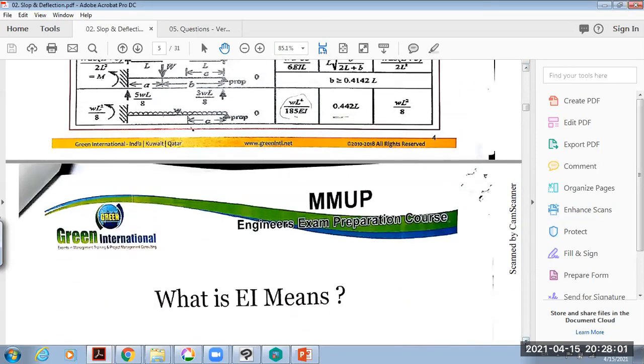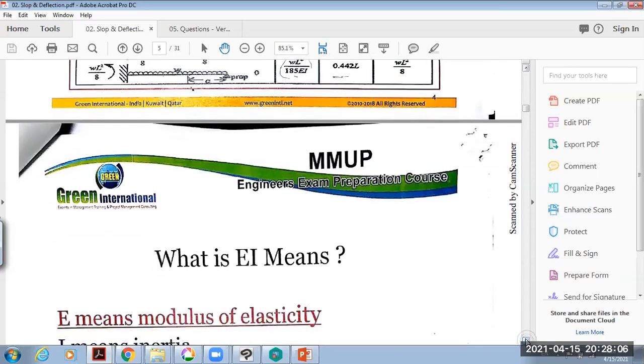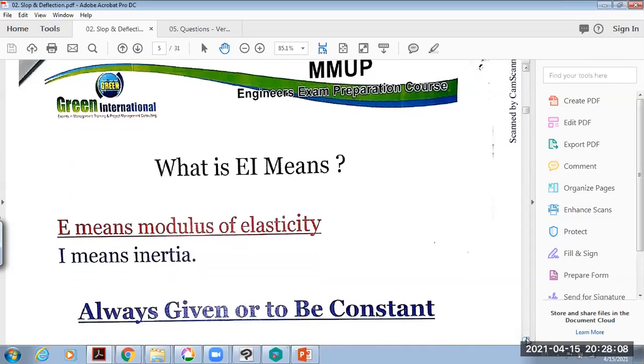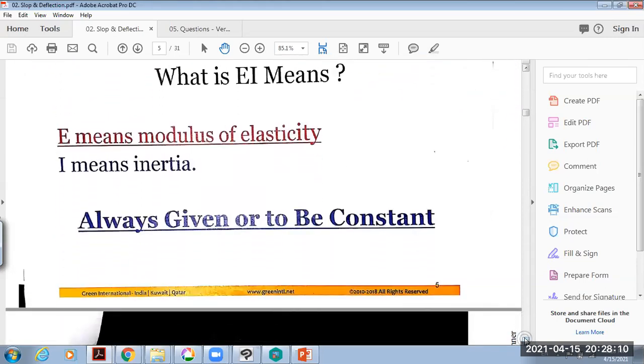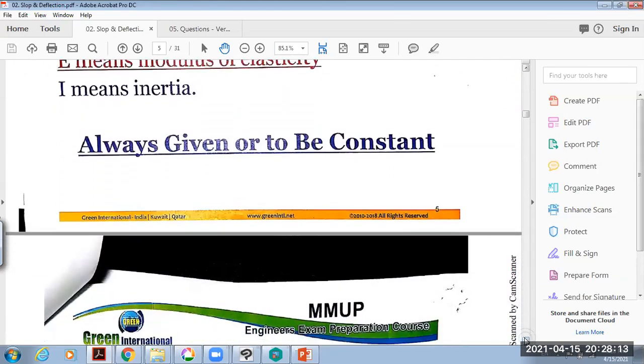What is EI? E is the modulus of elasticity and I is the inertia. They are always given as constant in your exam.